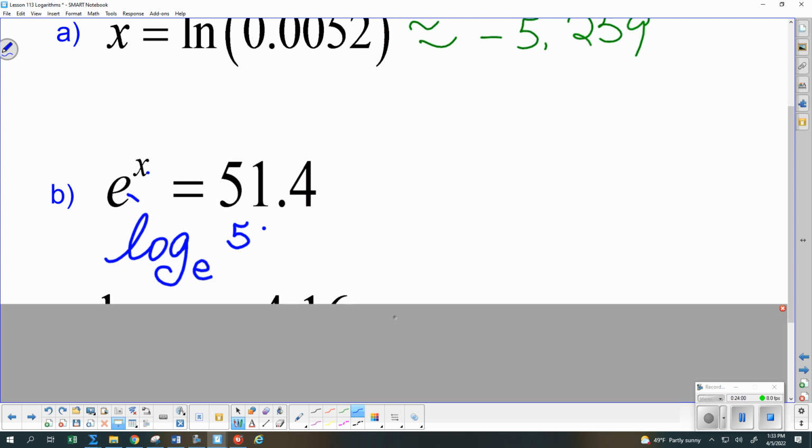So the log is the exponent, so the log has to be the x. So the argument has to be the 51.4. But what is log base e? Shout it out. What's log base e? It's the ln, it's the natural log. So now type in on your calculator ln 51.4 so that we can get approximately what x needs to equal.